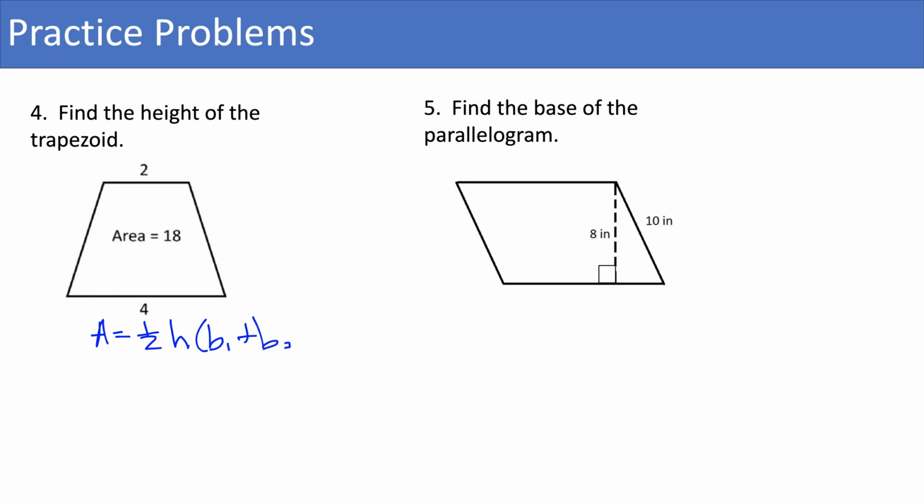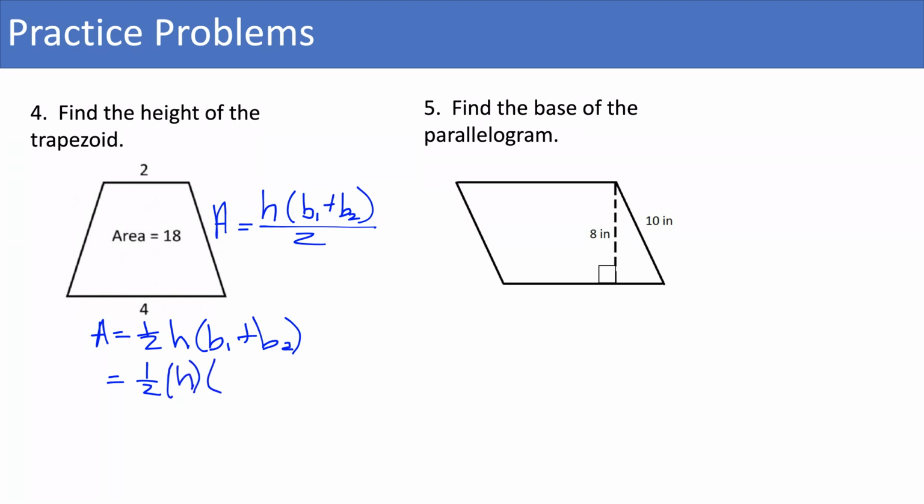Now, I was just thinking about it. Some people may have seen the formula written like this. And we should know that is the same. Identical. And just pull the half out in front. All right, so I know what the half is. I don't know what the height is. That's what I'm looking for.